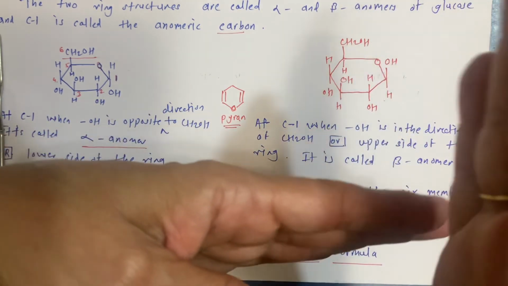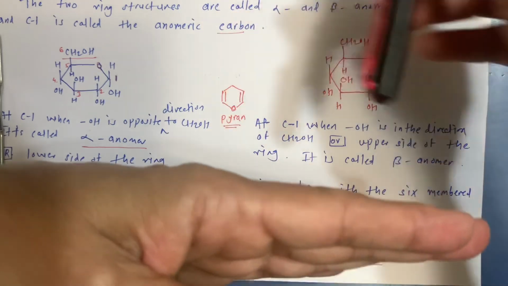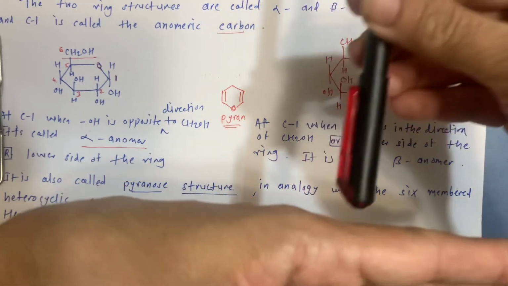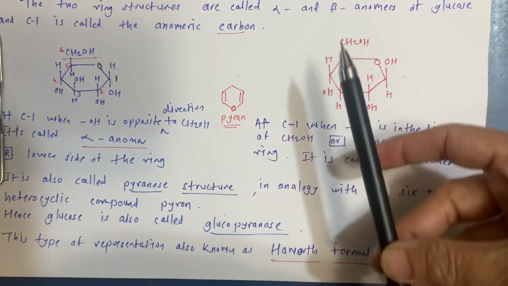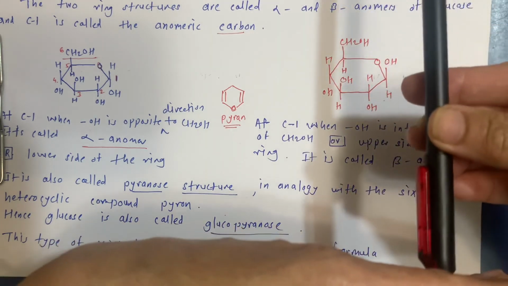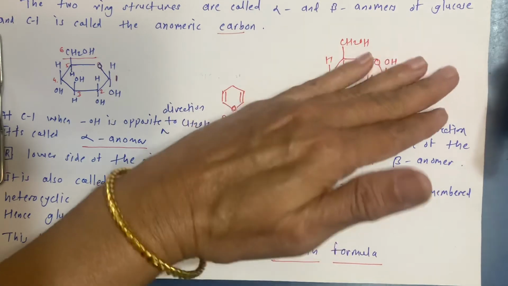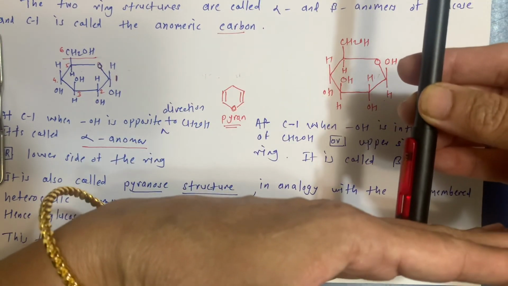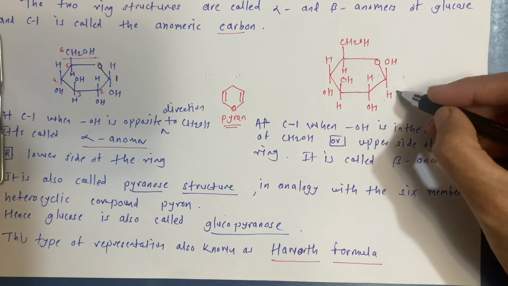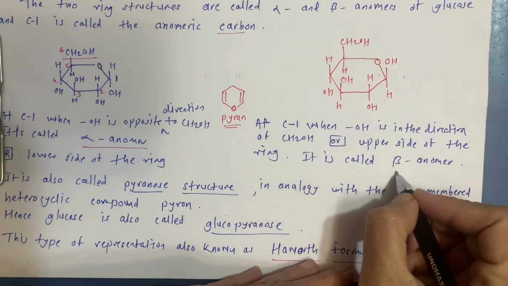If the OH is above the plane, like this, then this structure is known as beta.